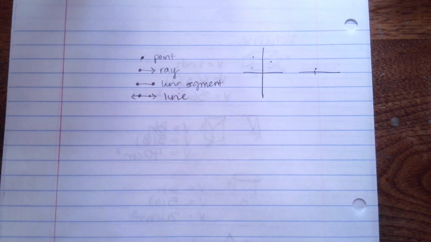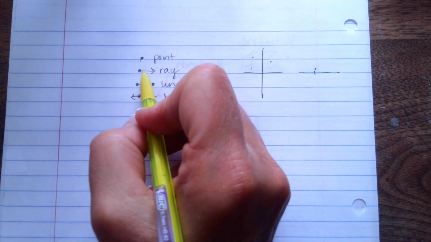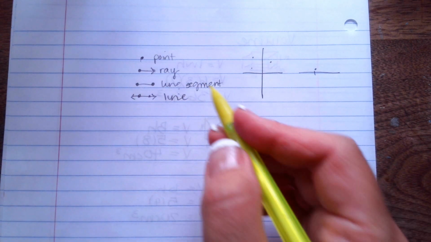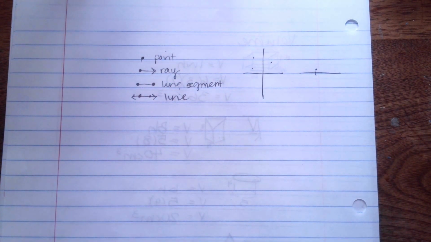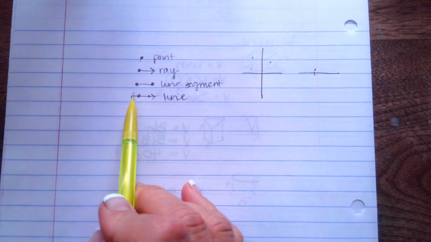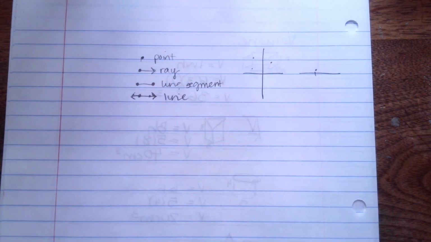It's just a dot. A ray has one endpoint and then one point goes on forever. I remember this by my friend Ray walks in one direction. So this goes on in one direction and it has an endpoint right here. A line goes on in both directions, and then a line segment stops. So it has two stop points, one at one side and one at the other.